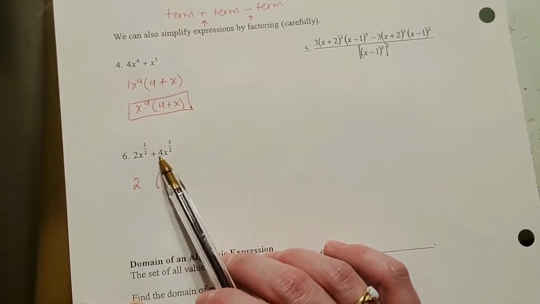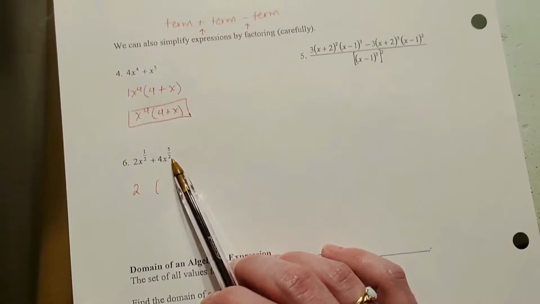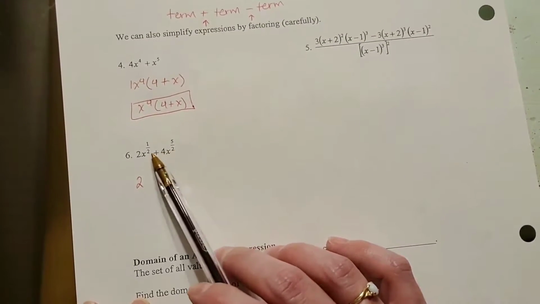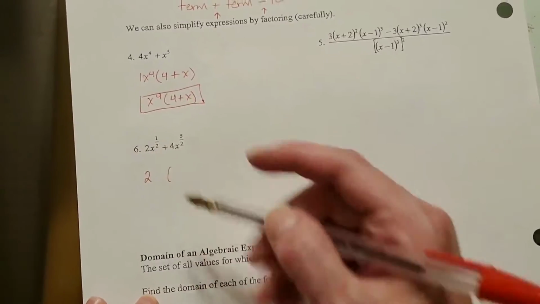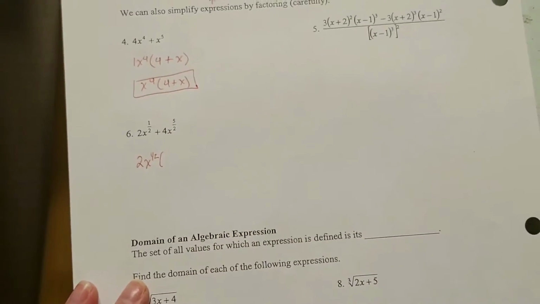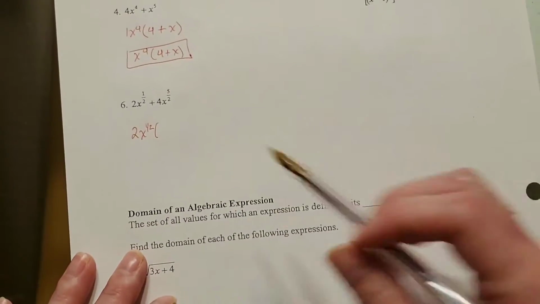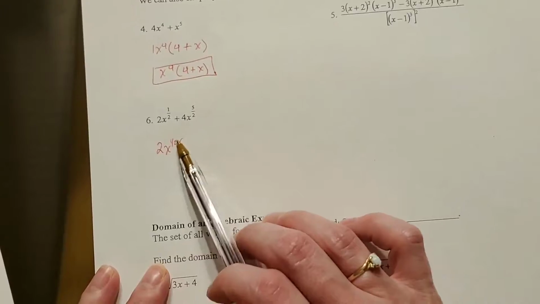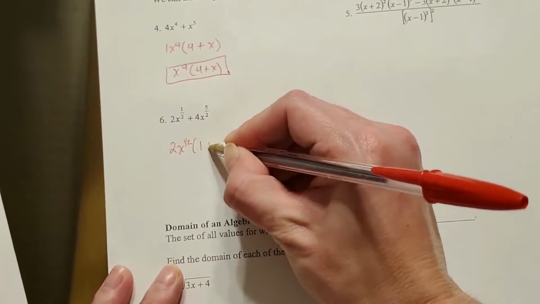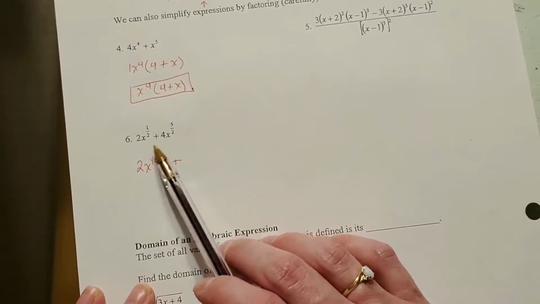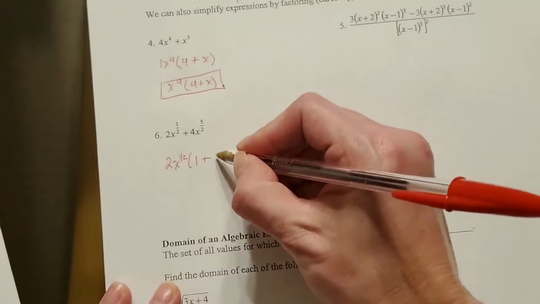So you have x to the 1/2, you have x to the 5/2. 5/2 is going to be the same as 2.5, so 1/2 is your smaller. So 2x to the 1/2 is going to be the biggest thing that you can factor out. Okay, so if we have 2x to the 1/2 and we divide it by 2x to the 1/2, that leaves us with 1 plus, okay, now here you probably want to break it down. 4 divided by 2 is going to leave you with 2.